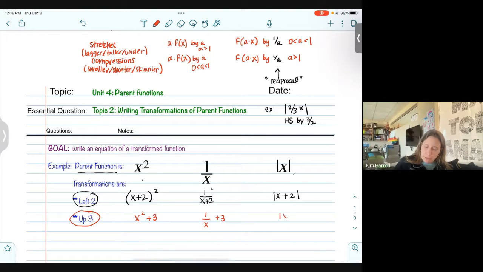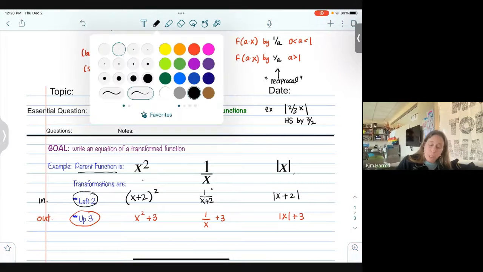In an absolute value function, it means it's not going to have the absolute value applied to it. So that would be x plus 2 quantity squared versus x squared plus 3. And there you can see the difference between inside and outside in 3 different functions.